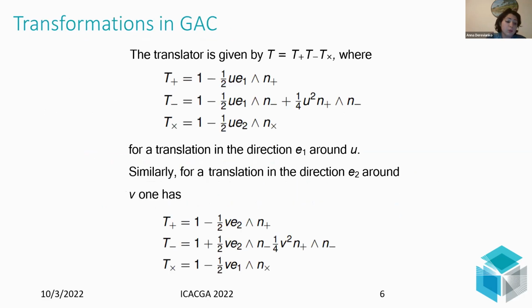The transformations which will be used are our usual transformations: translation, rotation, and scaling. We usually apply any of these transformations by the sandwich product, where we multiply the conic from one side and the other side by our transformation parameter, let's say.